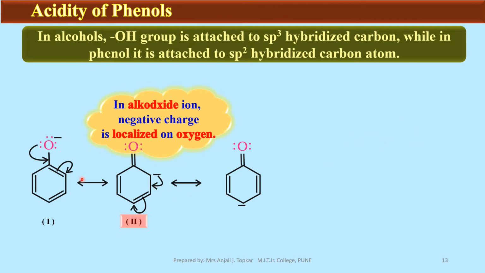As it can be seen here, this is the ortho position, this is the para position, this is the ortho position. This delocalization of negative charge makes the phenoxide ion, the conjugate base of phenol, more stable. Thus, phenol ionizes in aqueous medium to a moderate extent, showing weak acidic character.